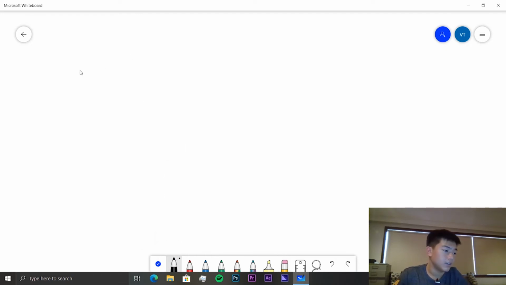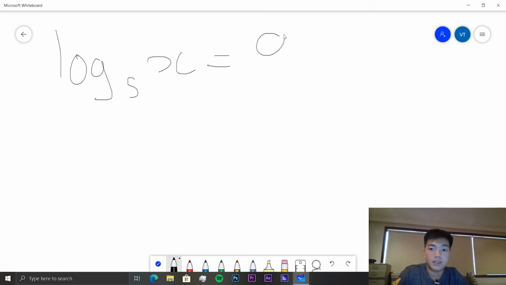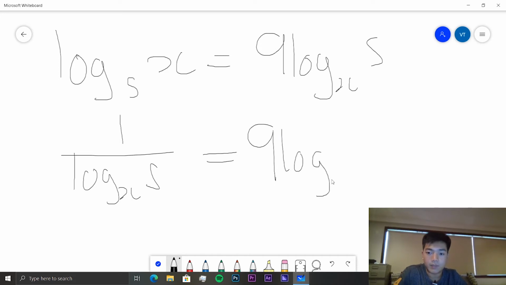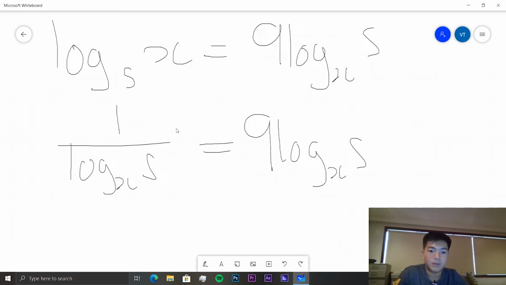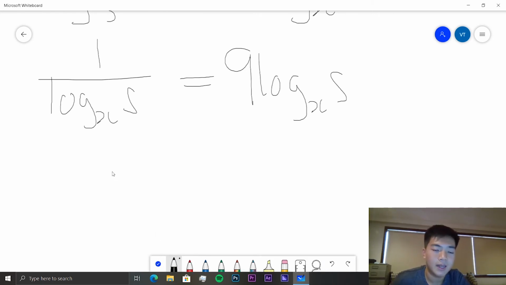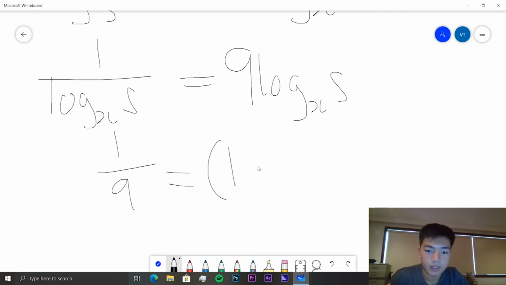Next, solve the following equations. Log 5 to the x is equal to 9 log x to the 5. Pretty simple. Let's flip this one around. So we have 1 over log x to the 5 is equal to 9 log x to the 5. So if we multiply both sides by log x to the 5 and divide by 9, we have 1/9 is equal to log x to the 5 squared.